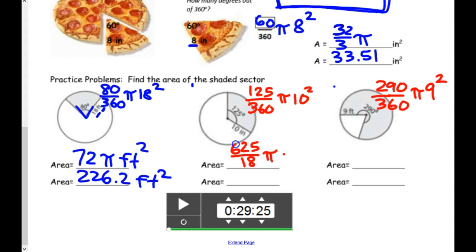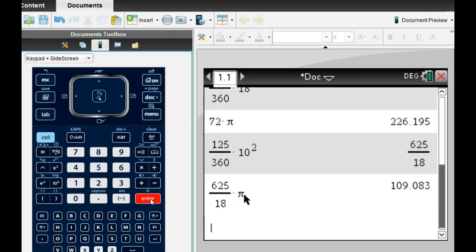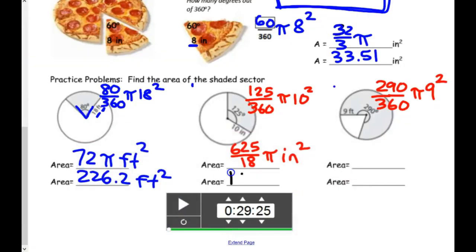Pi inches squared. Okay? And again, just to get the decimal answer, I just take what I already had times pi. Enter. 109.08. Inches squared.